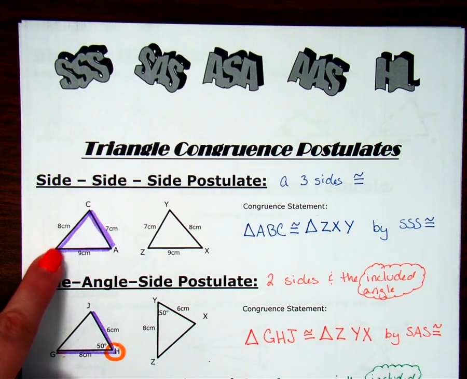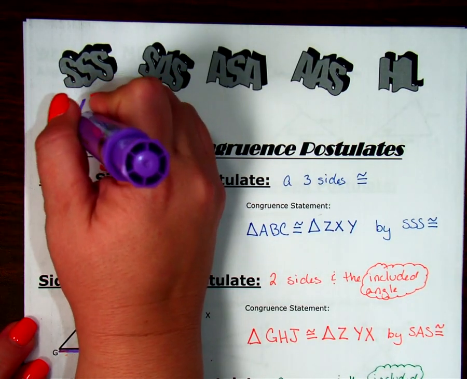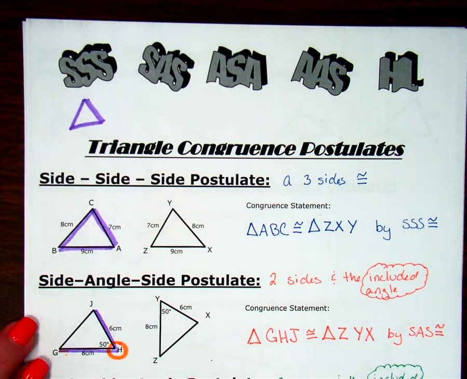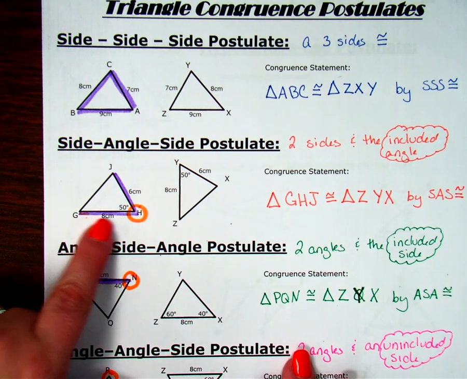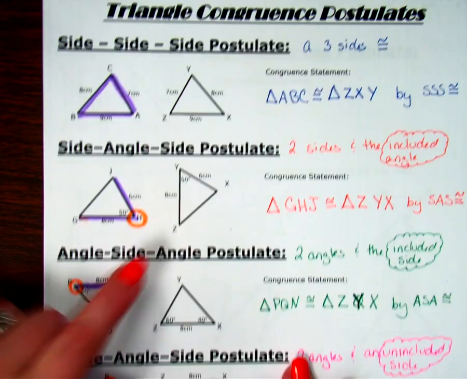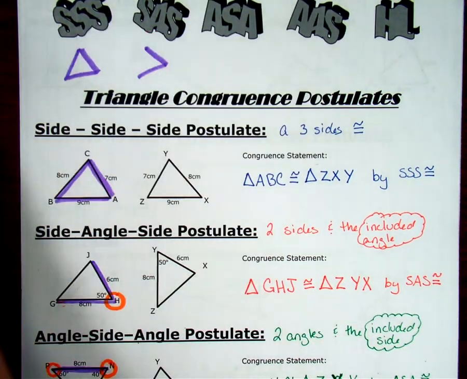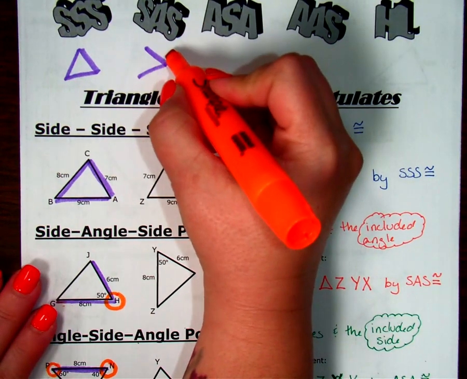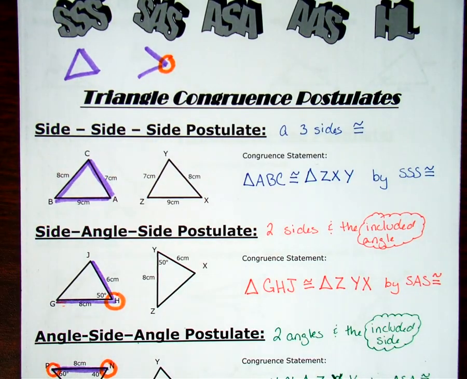On one triangle, you're going to see all three sides highlighted and no angles. For the next one, side, angle, side, you're going to have two sides, and where those two sides come together, that's the angle you're going to be looking at. So it's going to look like an arrow that's highlighted, and the point where those two come together is going to be circled.